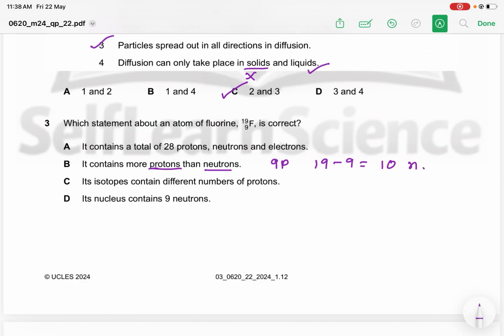Its isotopes contain different numbers of protons. Isotopes do not contain different protons, they have different neutrons. So that is also not correct. Its nucleus contains 9 neutrons. No, we have just calculated it contains 10 neutrons. If you do a total of 9 protons plus 9 electrons plus 10 neutrons, then you will get a total of 28. So A is the correct answer.